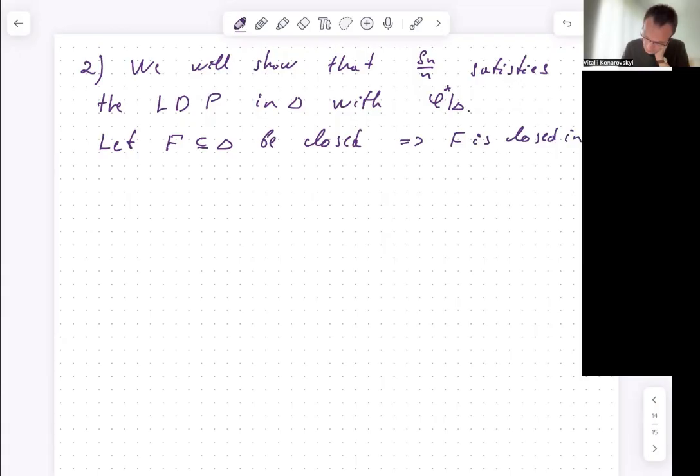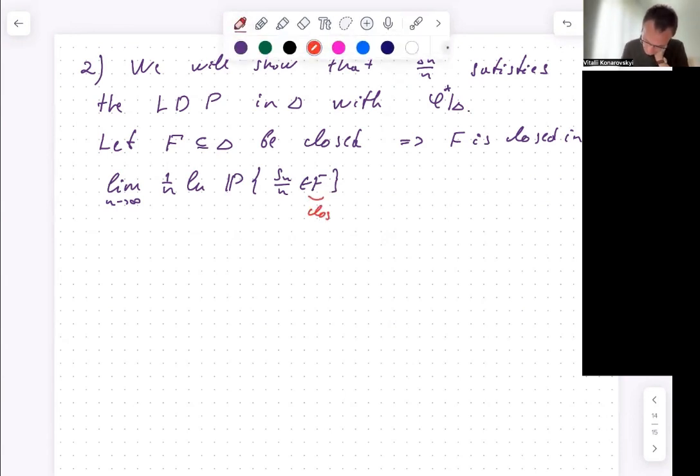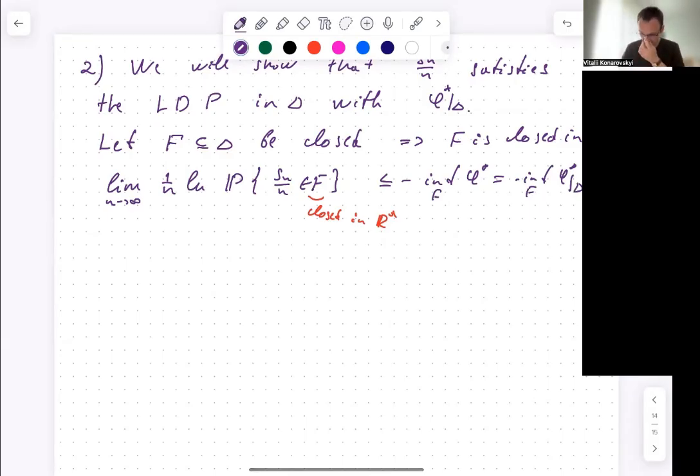in R^d. So in this case, you have the limit as n goes to infinity of 1 over n logarithm of the probability that S_n divided by n belongs to F. Since F is closed in R^d, you can use the large deviation principle for that F. It is less or equal than minus the infimum of phi star over F, which is the same as minus the infimum over F of phi star restricted to delta, because F is a subset of delta, right?